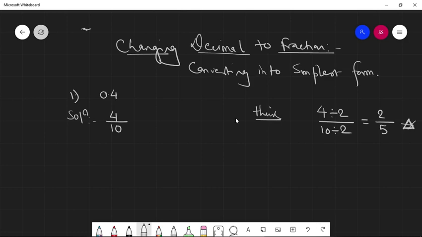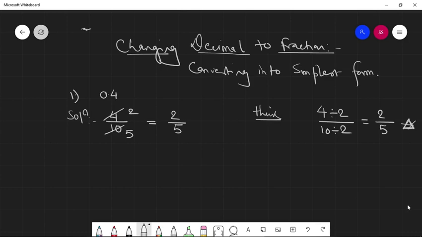So you can cancel: 2 times 2 is 4 and 2 times 5 is 10. So you can write 2/5.